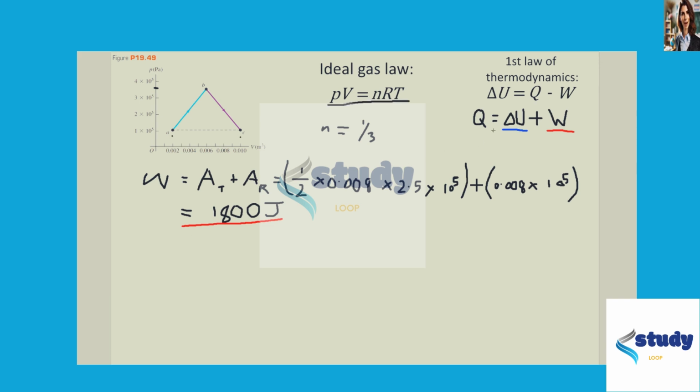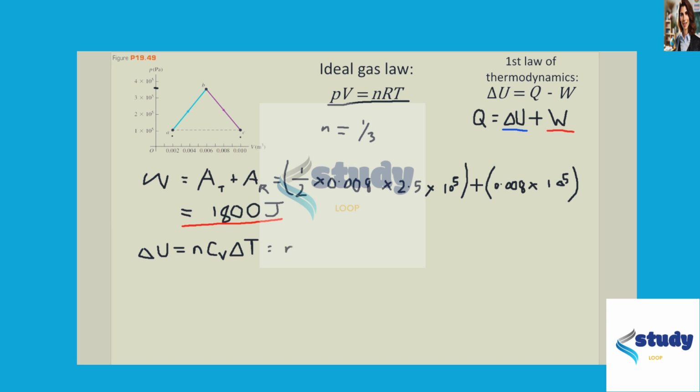So now we need to work out the change in internal energy delta U. It's given that delta U is equal to the number of moles N times the heat capacity at constant volume, which we will call CV, times the change in temperature, delta T. Well, we can rewrite this using an expression for T in the ideal gas law.